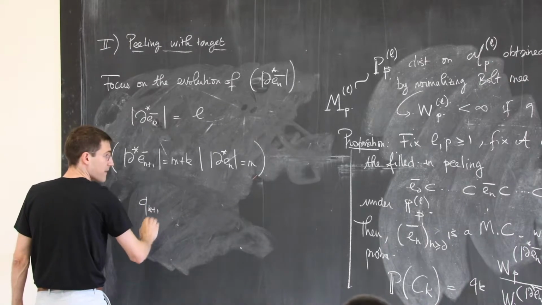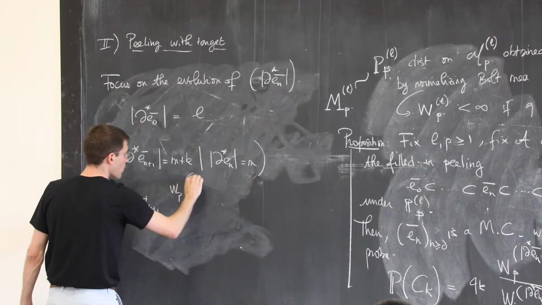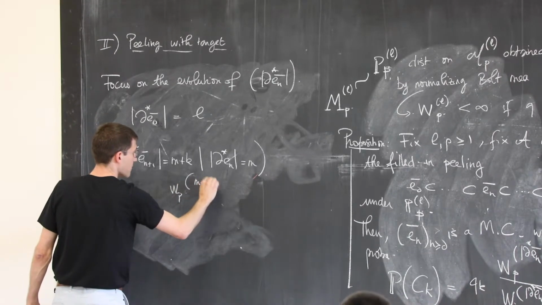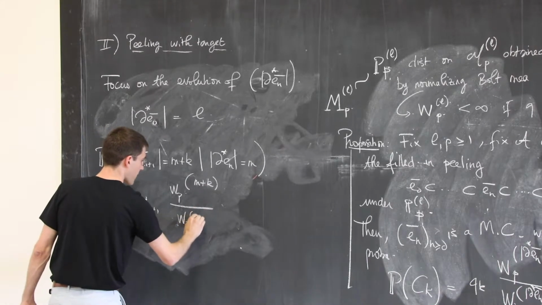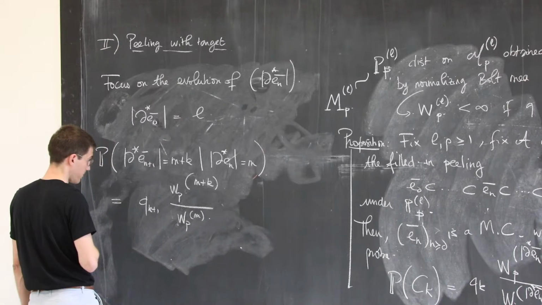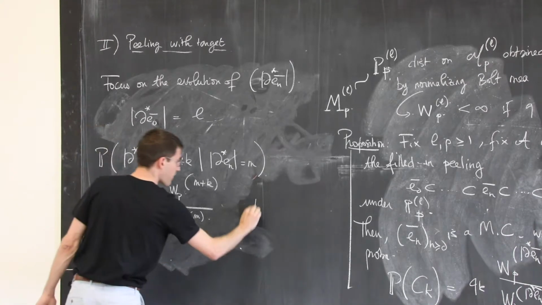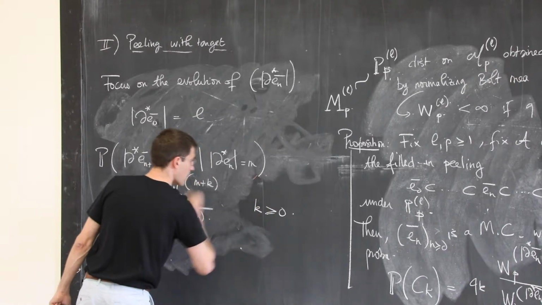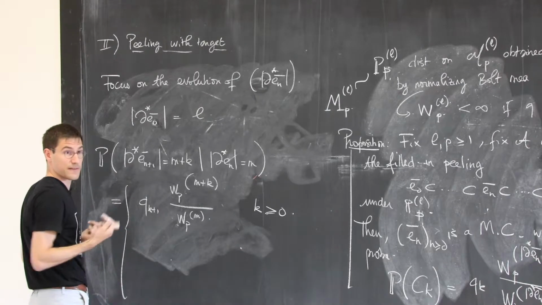So q k plus 1, w p of exactly what you want, m plus k, that's a new guy, divided by w p of m. Do we agree? So that's if k is non-negative.